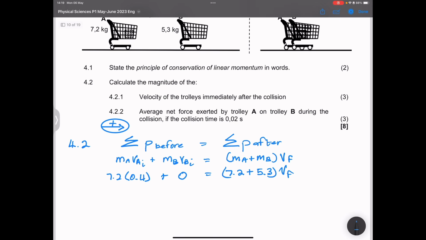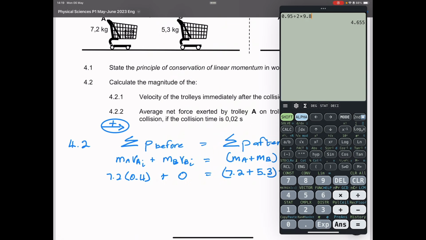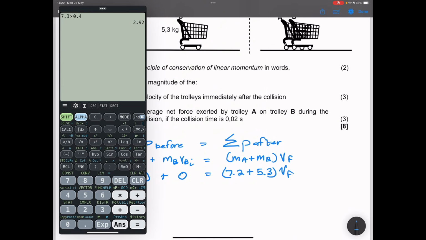Right, so without wasting any time, I am going to calculate on my left-hand side. I've got 7.2 multiplied by 0.4, and I've got that there. And I'm going to now divide it by the sum of 7.2 and 5.3.